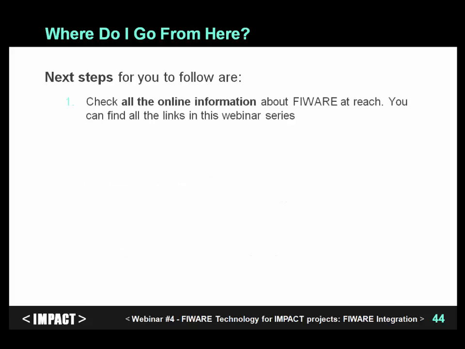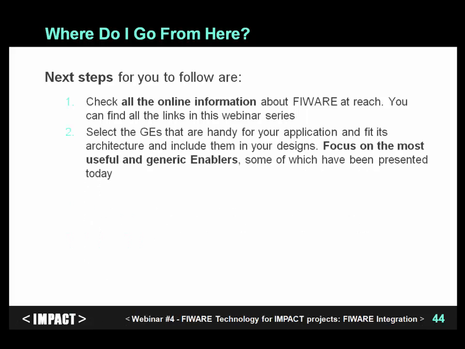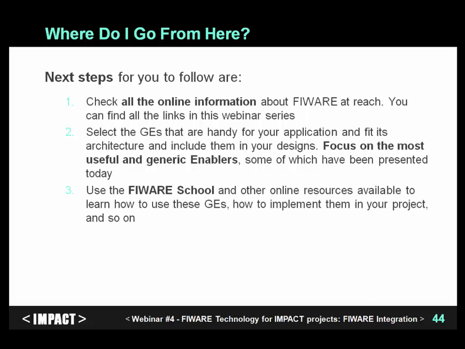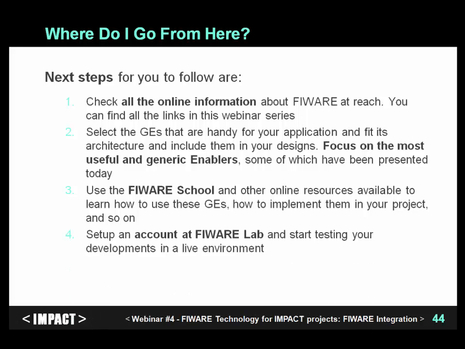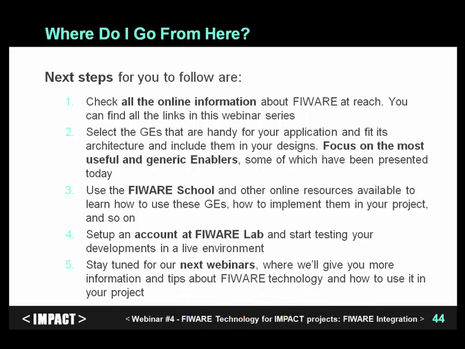The next steps I suggest for you are to check all the information, select the enablers that can be useful for you, use the FIWARE school and the other resources to learn more about them, set up an account at FIWARE Lab, test and develop, and begin again.